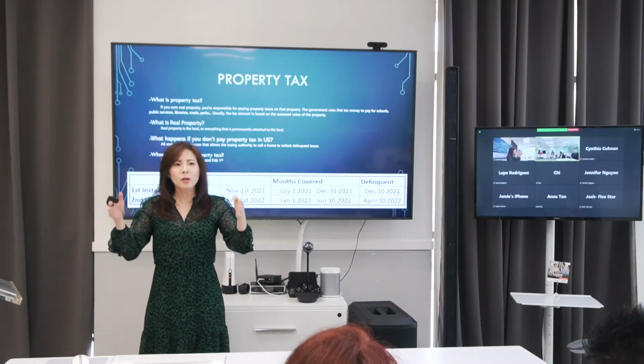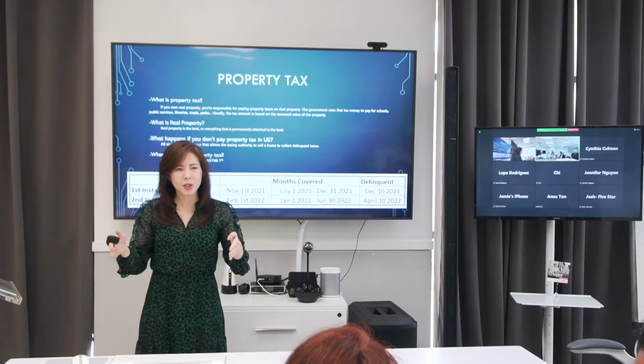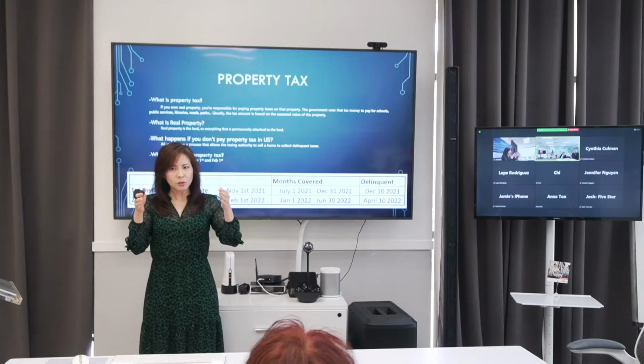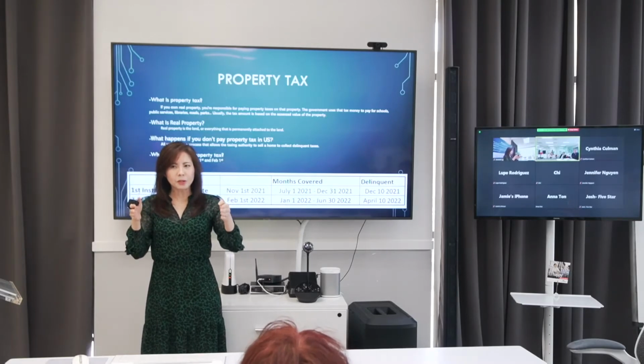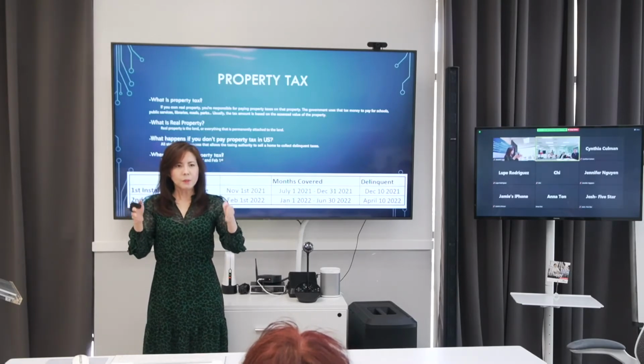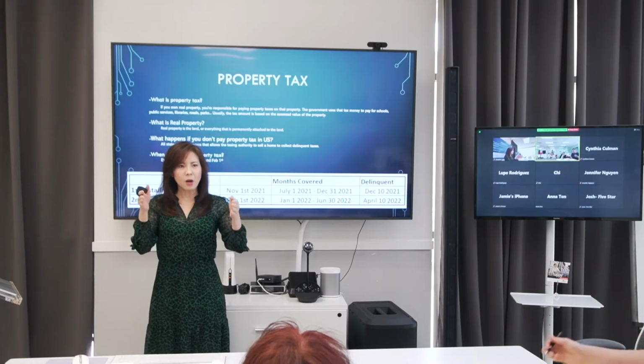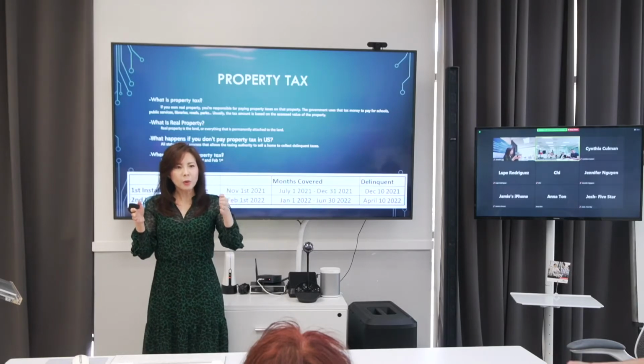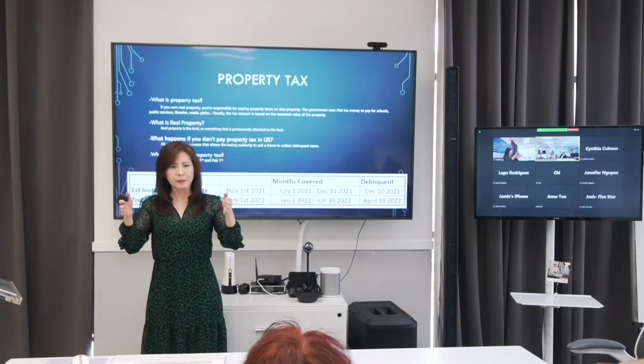For the current fiscal year, the first installment due date is November 1st, 2021. Somebody writing a check on November 1st, 2021 pays their property tax for July 1st, 2021 all the way to December 31st, 2021. That's the first installment, paying for that 6 months.